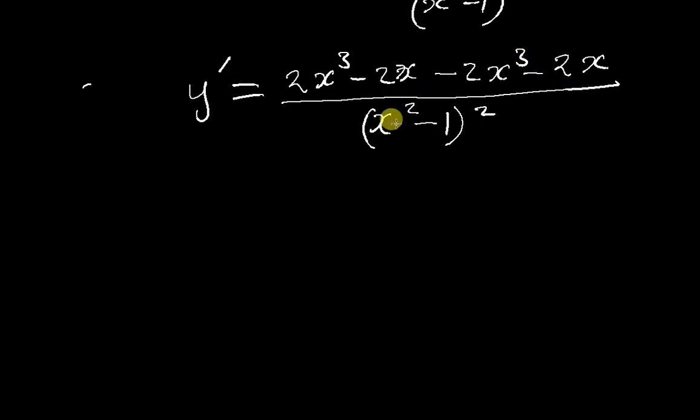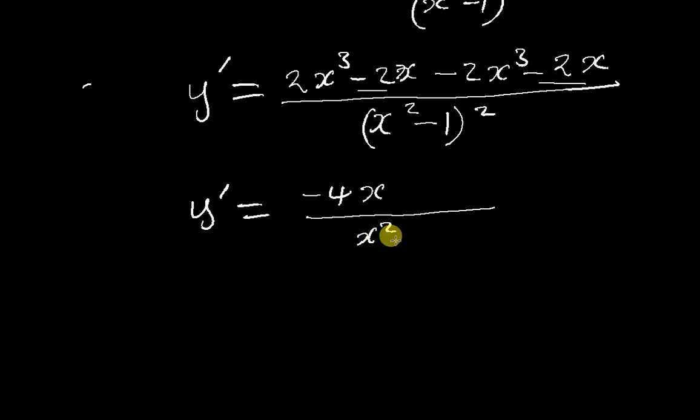So we have y prime is equal to negative 4x there, and everything divided by v squared, which is x squared minus 1 squared.